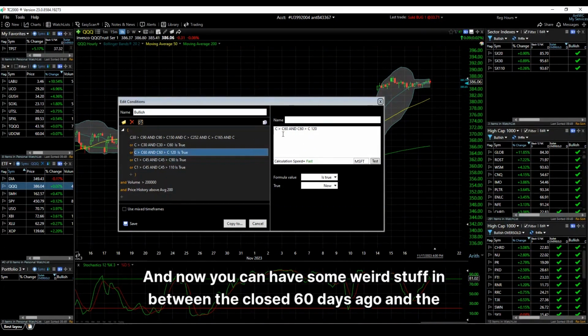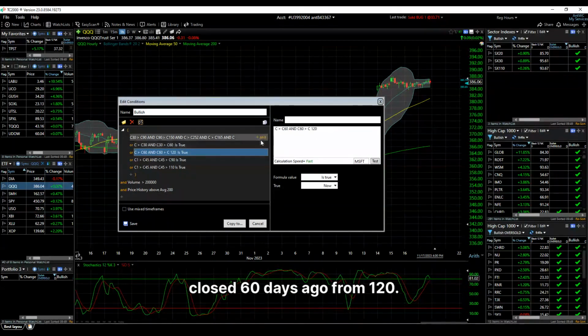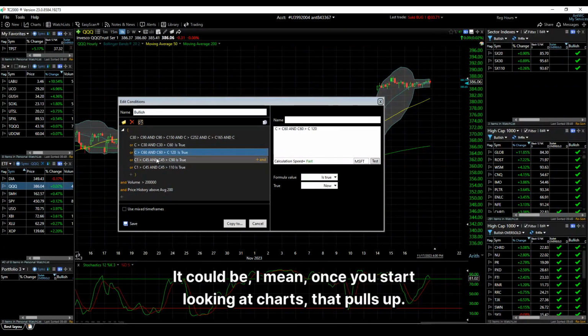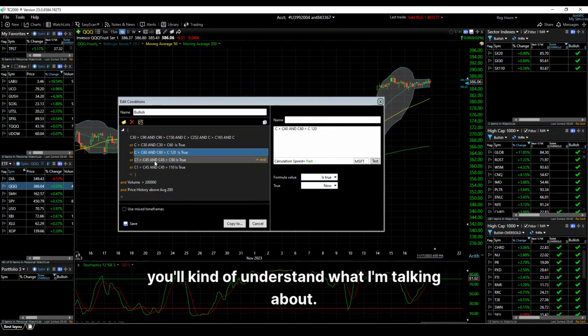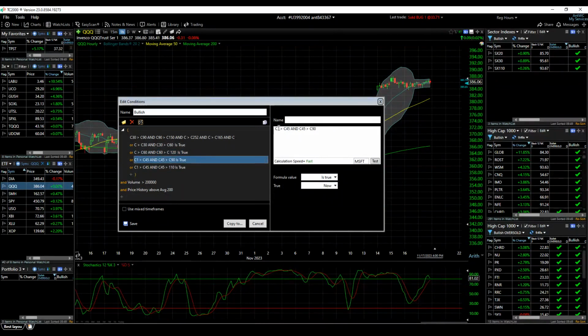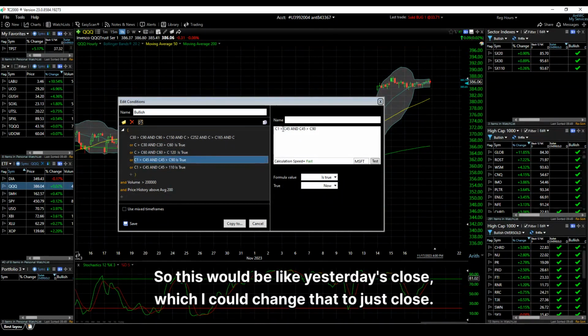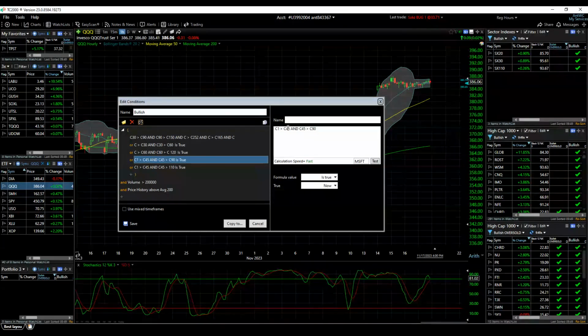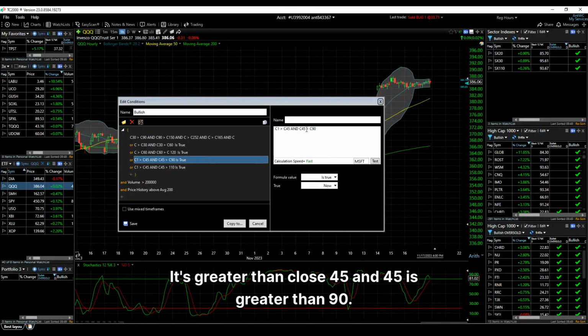Now you can have some weird stuff in between the close and the close 60 days ago, and the close 60 days ago and 120. Once you start looking at the charts that pull up, you'll understand what I'm talking about. And this is close 1, so this would be like yesterday's close, which I could change to just close is greater than close 45, and 45 is greater than 90.